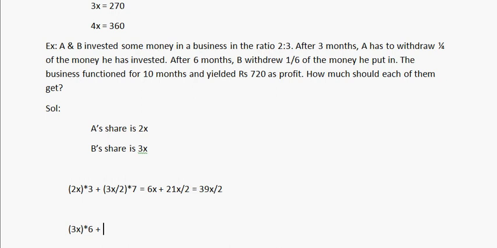He is left with 5/6 of 3x, which means 7x by 2... which works for the remaining 4 months, right? This means it is 18x plus 14x, which is equal to 32x, right?